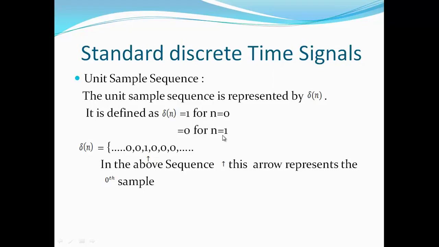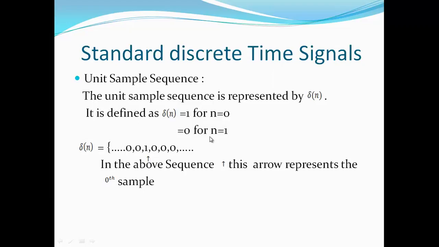Apart from that, throughout the axis it is 0 for n not equal to 0.